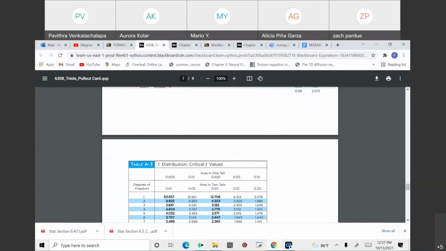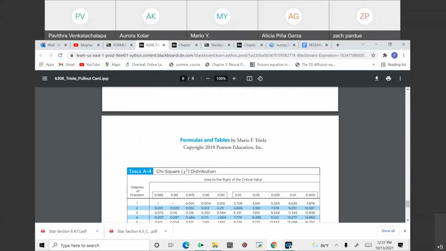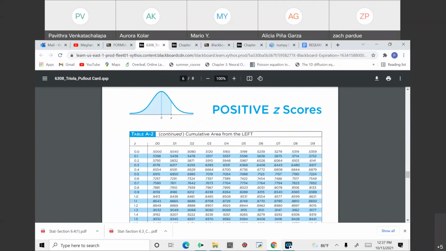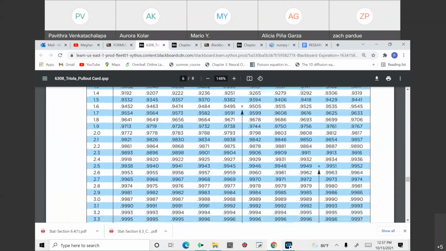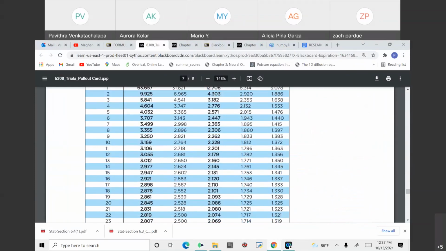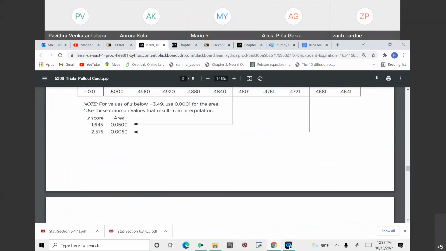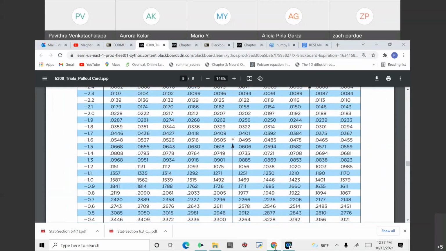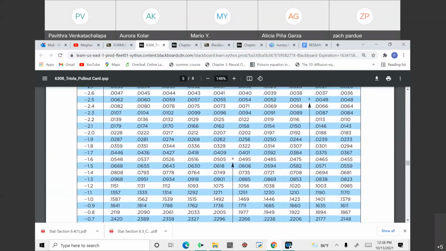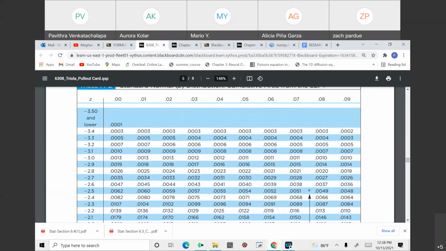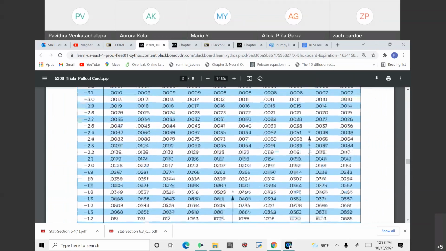Okay, here. So it is negative 0.65, negative 0.6. I have negative 0.6 here, and it is 5. So it is somewhere here.